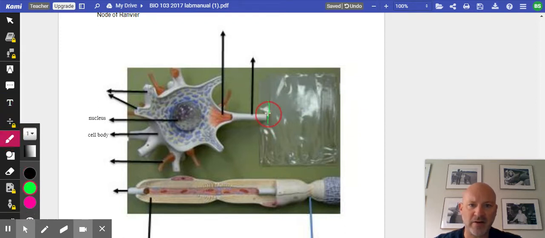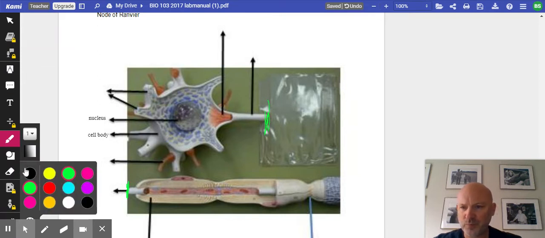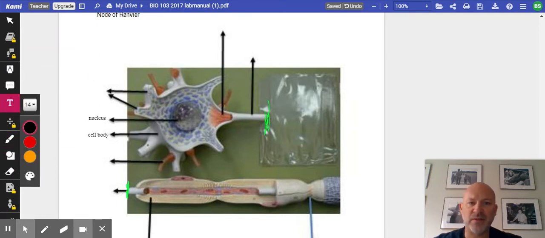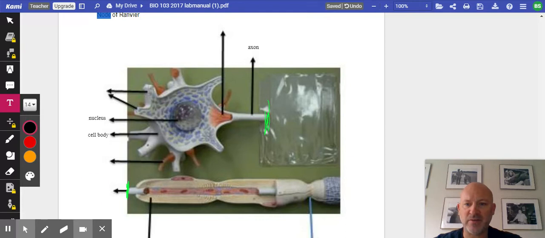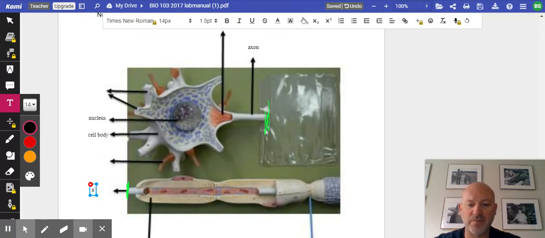They cut it here, and it continues here because it's too long to fit on the page. This piece down here would be continuing over here. So this right here is actually the axon. Let's label this the axon. And this is also the axon. This is a continuation of the axon down here.